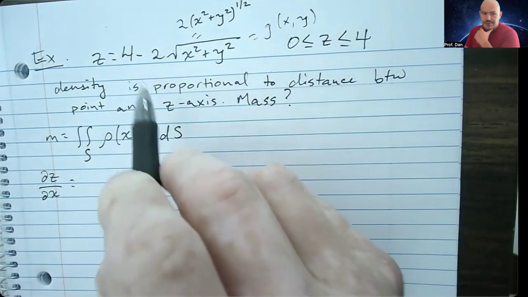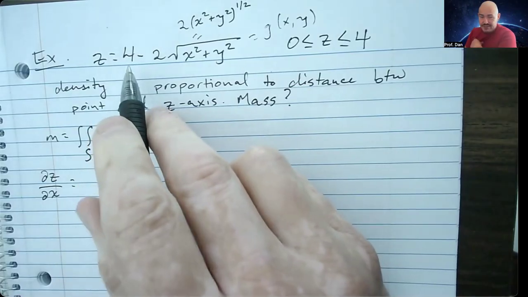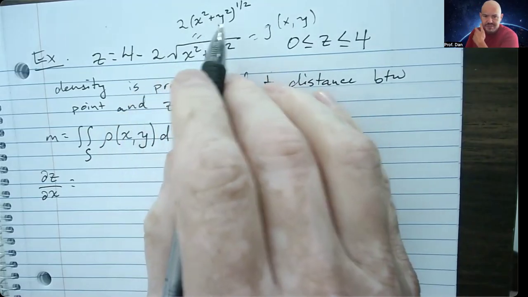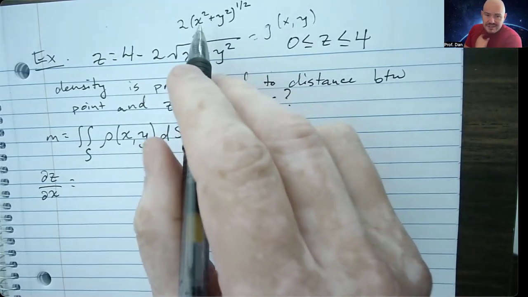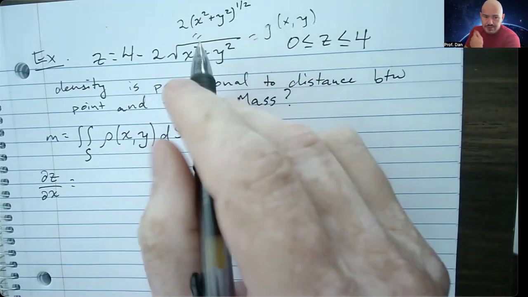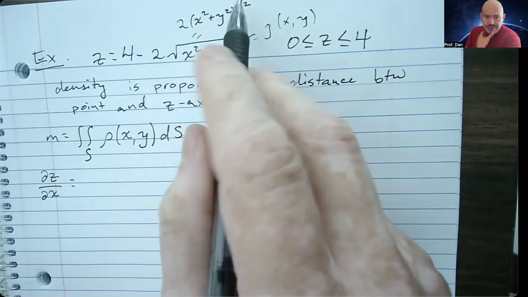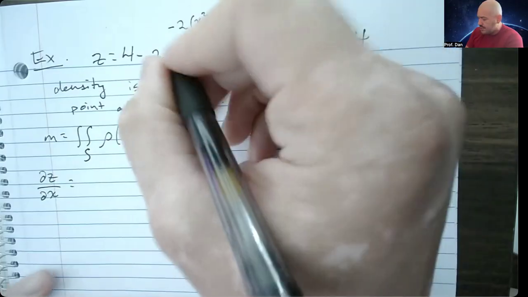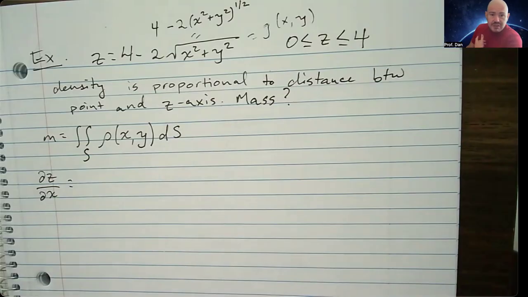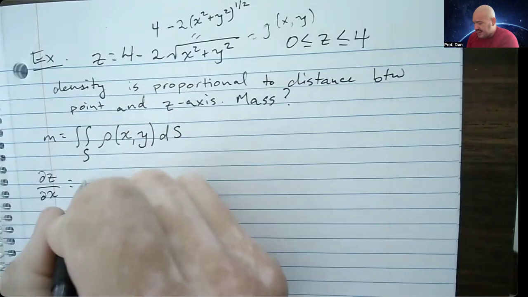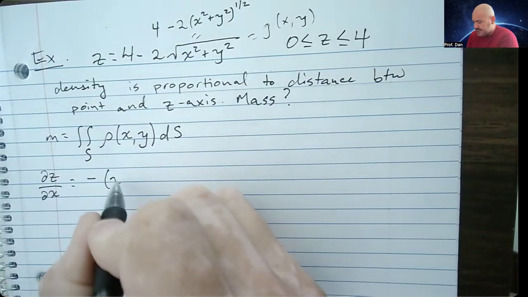I know the derivative with respect to anything of 4 is going to be 0. So I really only have to worry about this minus 2 times that. Since x is inside the root, we have to use the chain rule to get this partial derivative. So we're going to bring the 1/2 down, multiplied by the minus 2, and the 4. Multiplying by that 2, we're going to just get -1 times the inside.